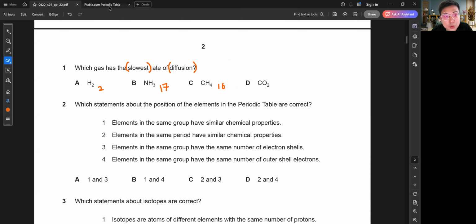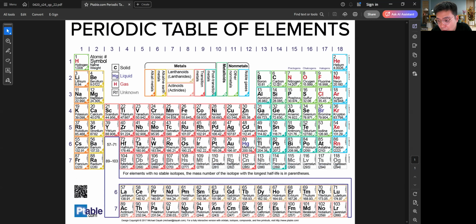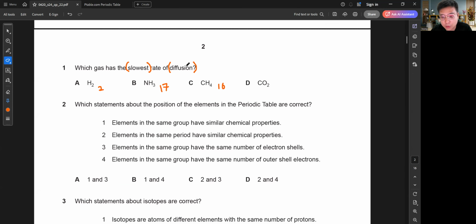And then CO2: C is 12, which we just checked, and O is 15.999. If we round it up, it's 16. But don't worry, a normal periodic table will give it as a whole number. So carbon is 12, oxygen is 16.